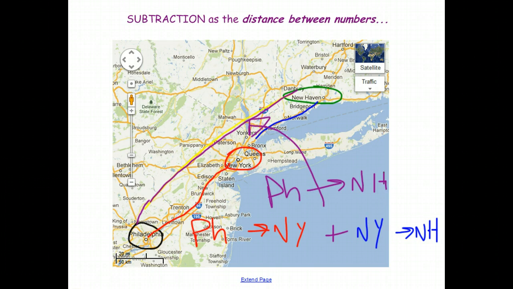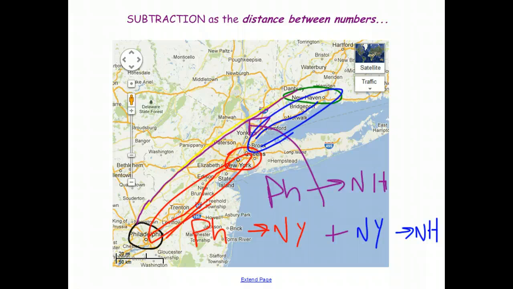If we put together the distance from Philly to New York and the distance from New York to New Haven, we wouldn't say the distance from Philadelphia to New Haven is any less than either of them, because it is the combination of the two.